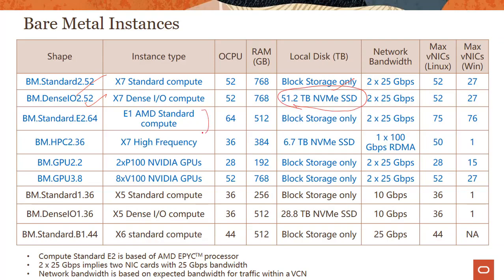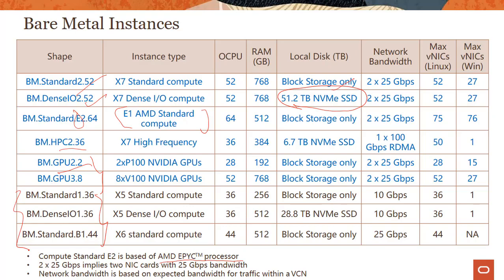You have shapes where we support AMD processors, AMD EPYC processors. Those are denoted by E here. We have HPC shapes, we have a bunch of GPU shapes, and these are Gen 1 shapes. And again, as I said, we keep launching new families and instances all the time. So the best place to check these is the documentation pages.